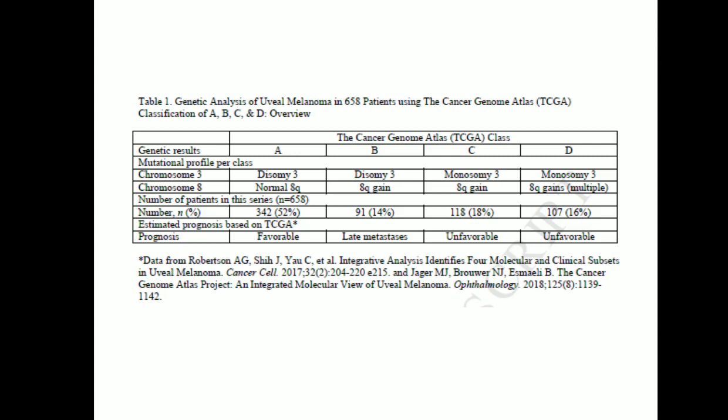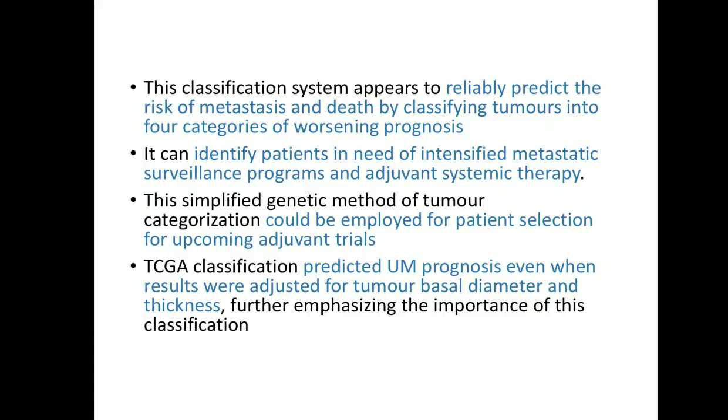So now that this information is out there, and it seems really hard to argue with their sample size or their methodology, but I'd appreciate everybody else's viewpoints on this. I did wonder whether we should be stratifying our patients. So they came out with some pretty strong comments in their discussion, and they said that it can reliably predict metastases and death.